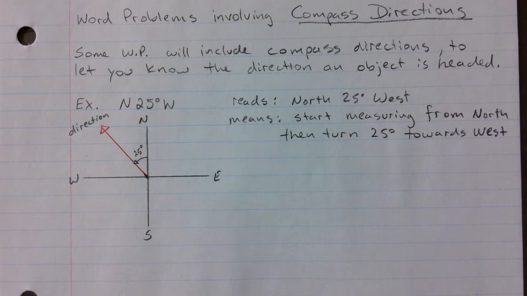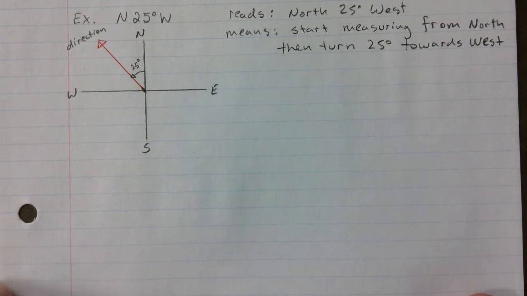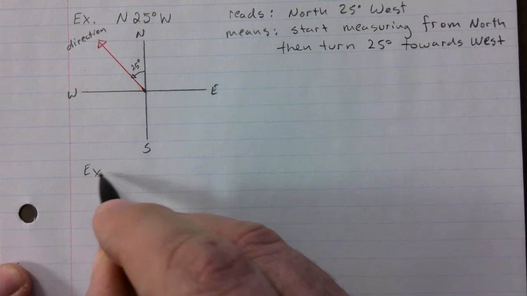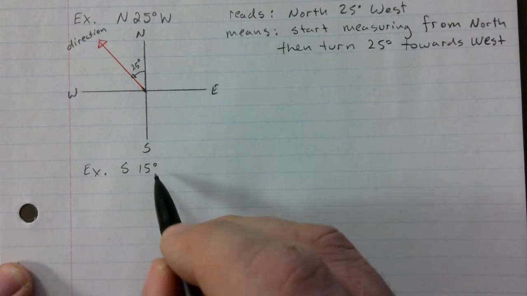This is your direction of travel. Planes use it a lot, boats, ships, anything that doesn't need to worry about an obstacle. You just travel in that direction. Do a couple more. South 15 degrees east.